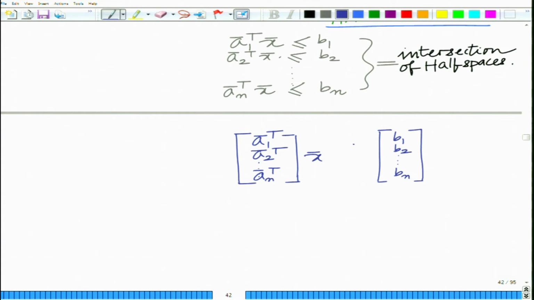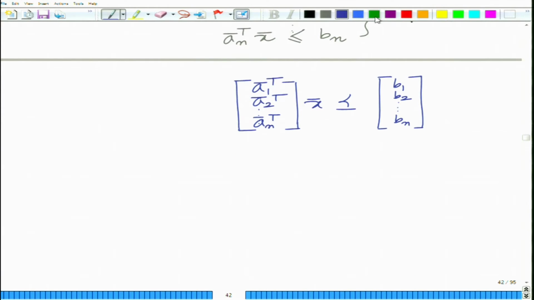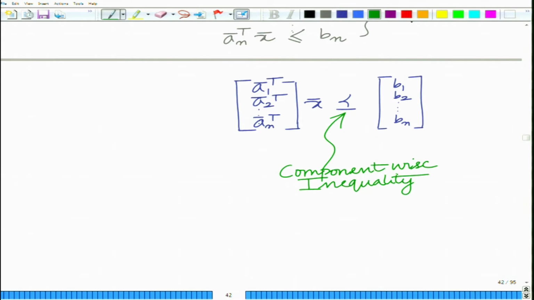What I can use here is what is known as a component wise inequality, which means that A1 bar transpose x bar is less than B1, that is, each component on the left is less than each component on the right. So, this is known as a component wise inequality.